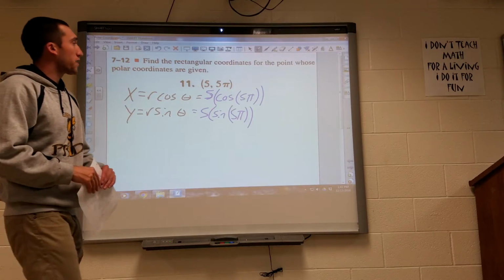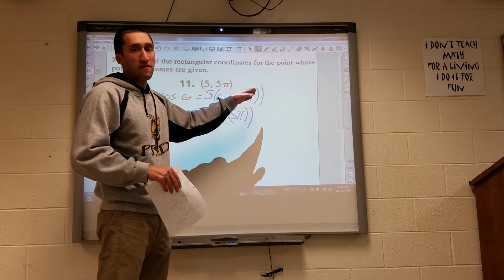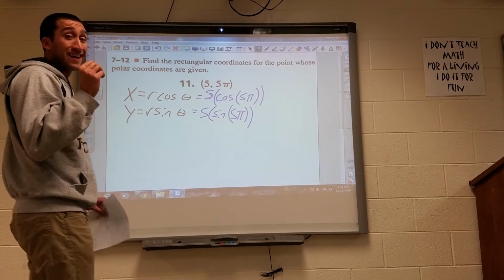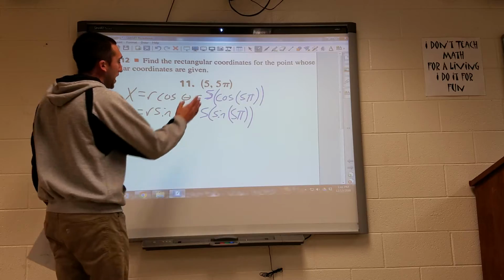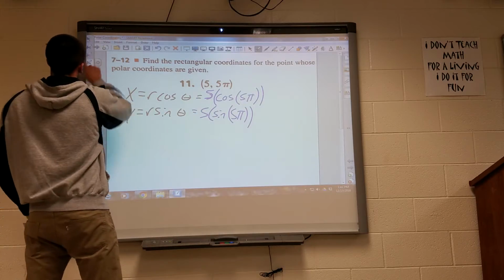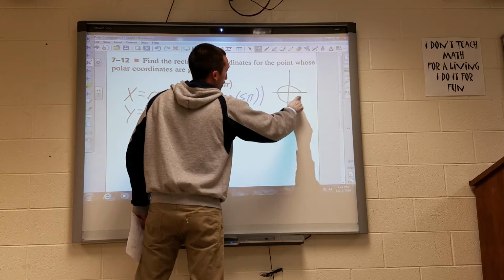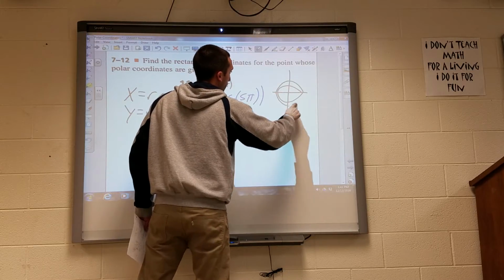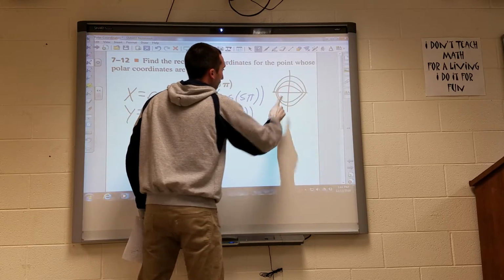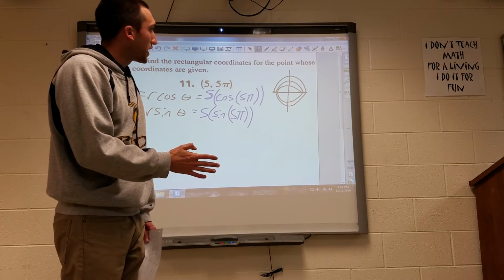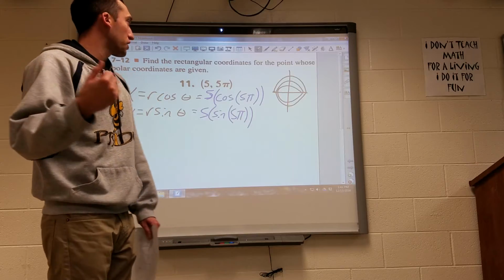Then if you want to find cosine of 5 pi, we have to think about it in exact terms. If you think about 5 pi, this is 1 pi, 2 pi, 3 pi, 4 pi, 5 pi. So at 5 pi, my x value is going to be -1, my y value is going to be 0.